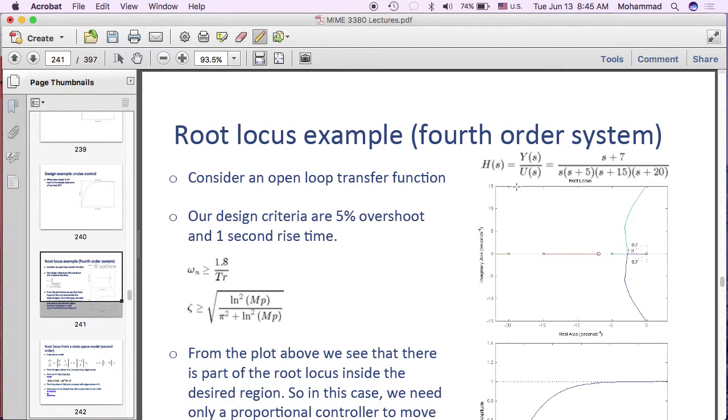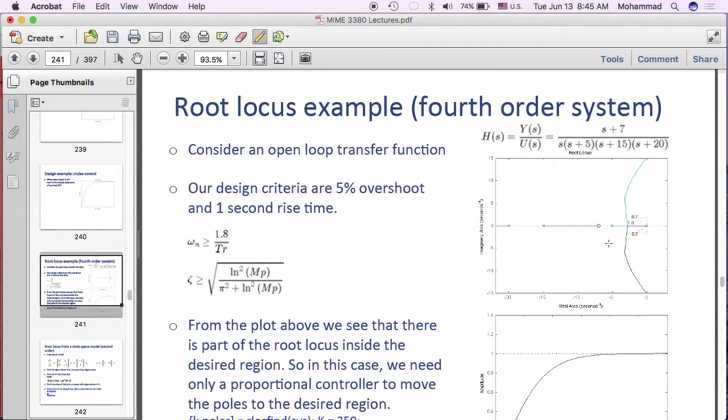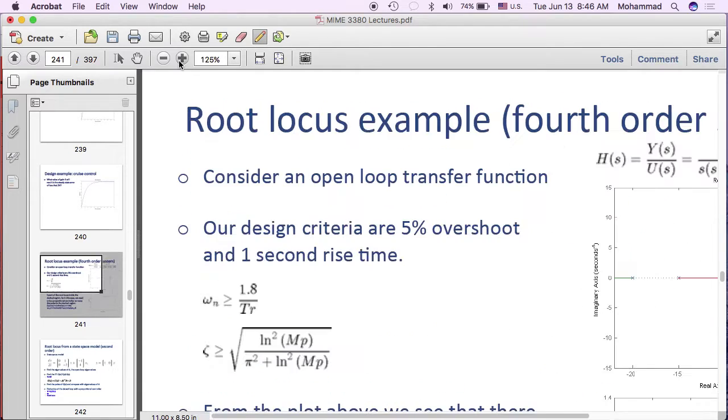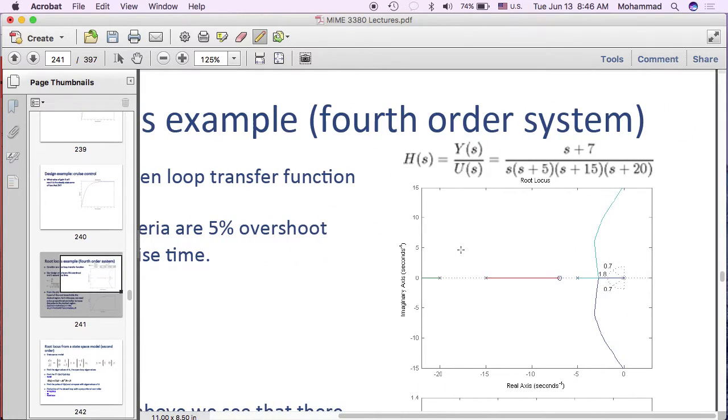Now, if you look at the root locus, here's the root locus. It will have 4 branches. And where are these 4 branches?